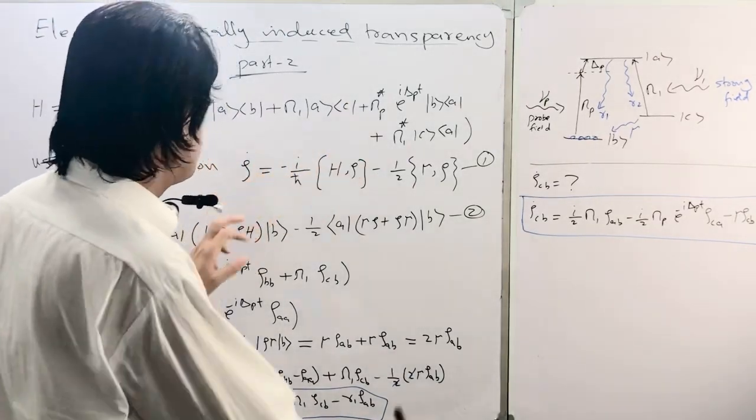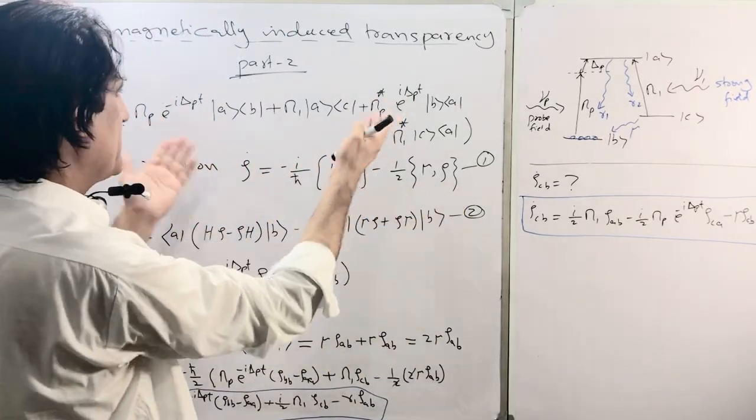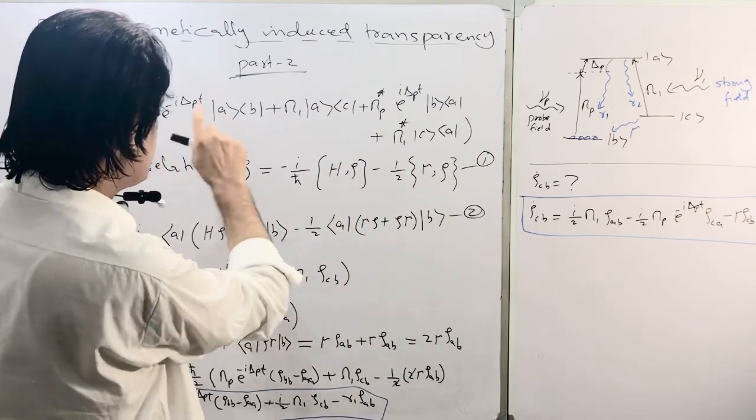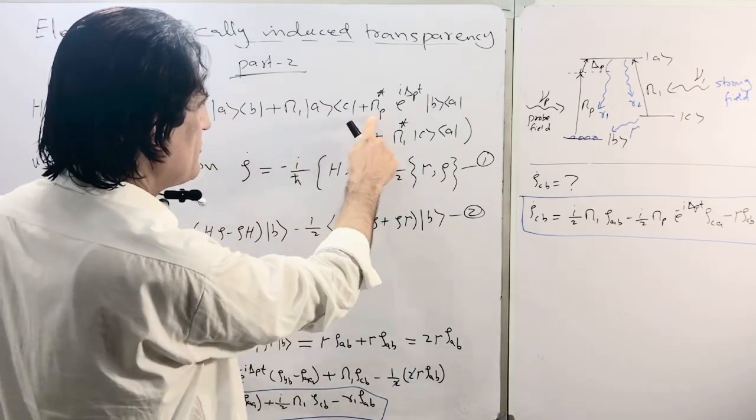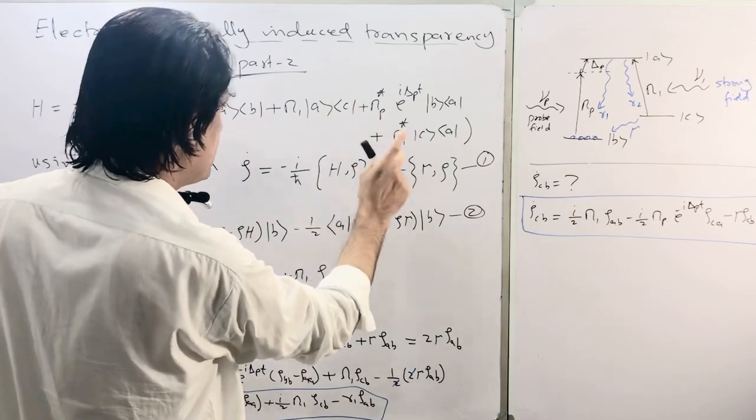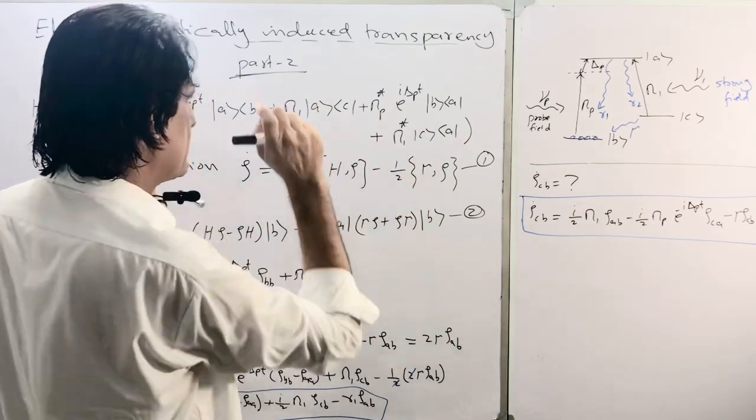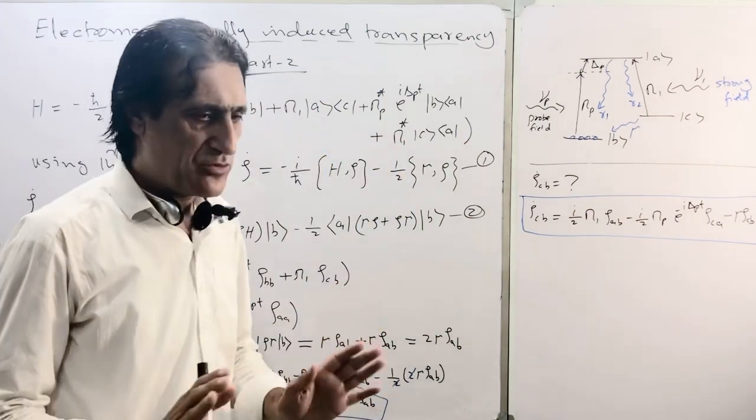Now we should consider the conjugate of this and this. So this is the conjugate of this, and this is the conjugate of this. So this is the Hamiltonian for the system.